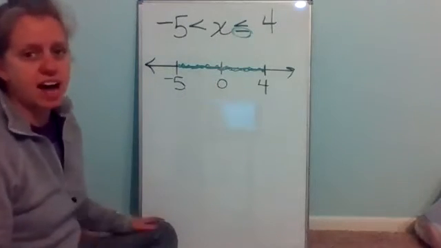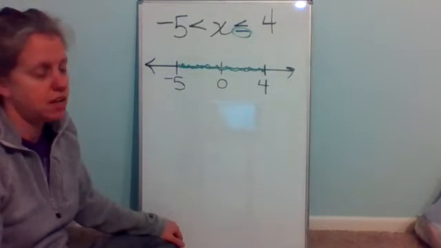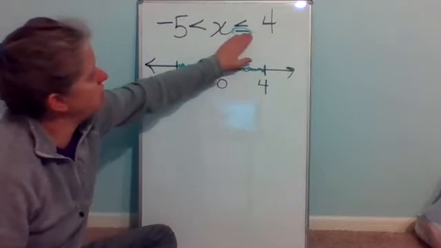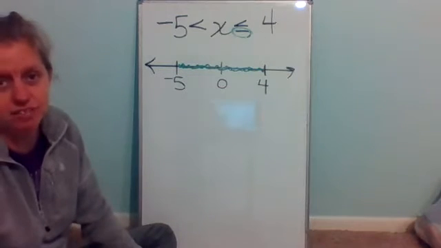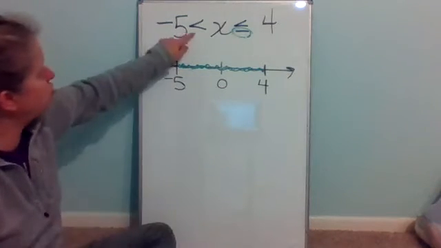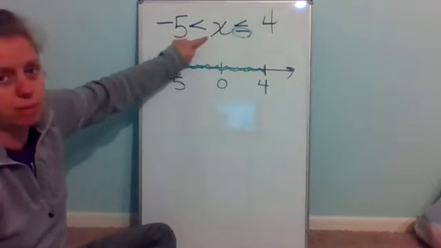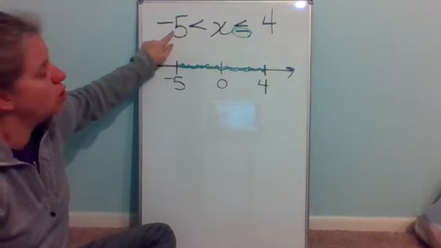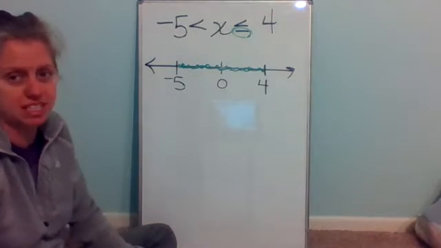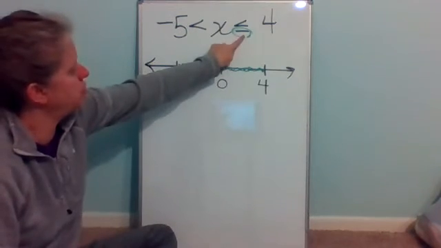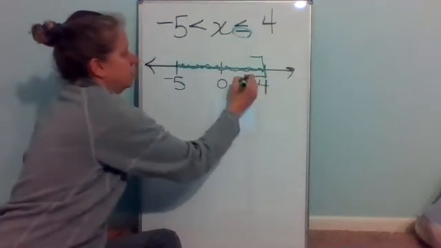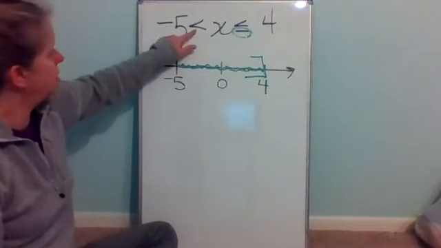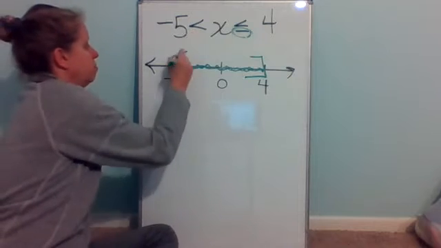If you do have that equal symbol, that means the number you're associated with will have a bracket. If you do not have the equal symbol, this number that is associated with this symbol will have a parentheses. So equal symbol, bracket. No equal symbol, parentheses.